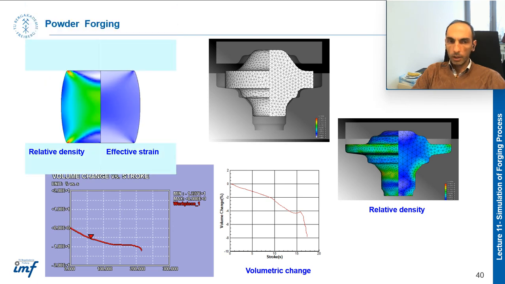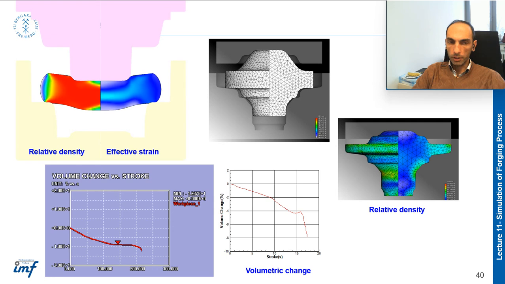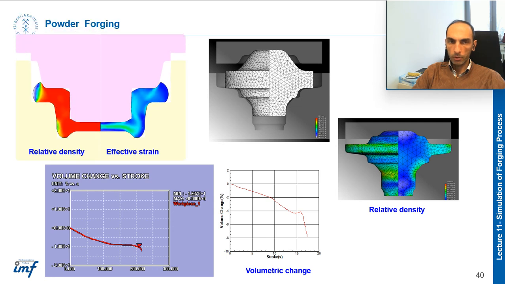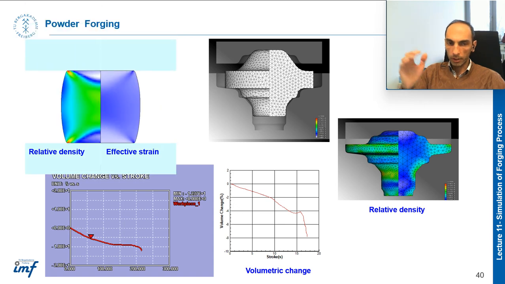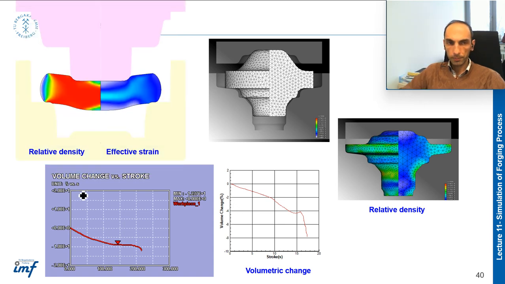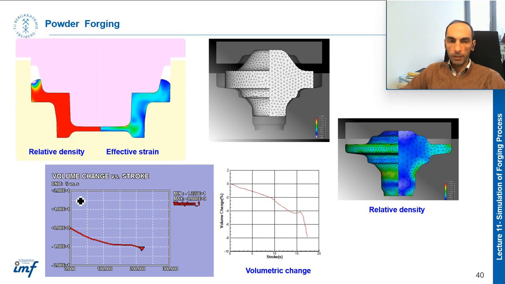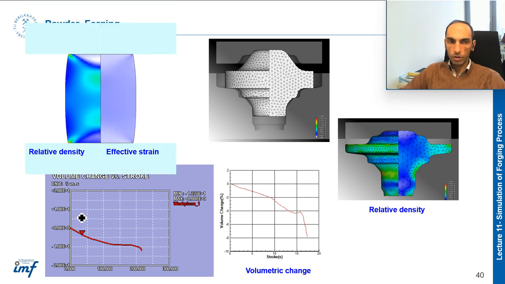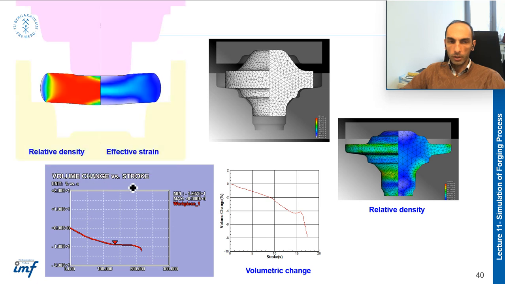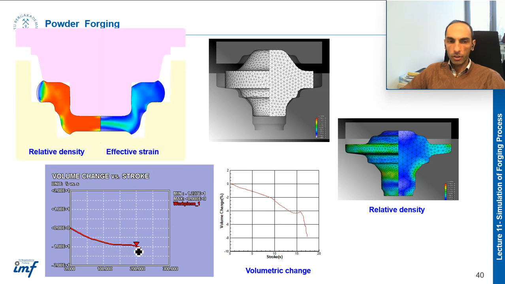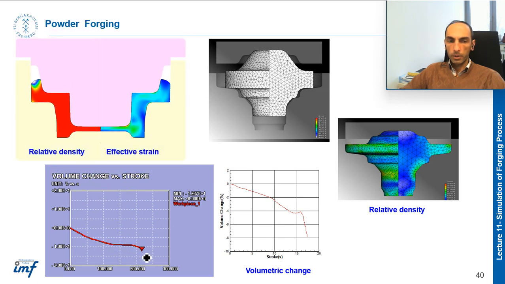But in the case of powder forging or powder metallurgy, the volume is not constant; the volume decreases when you apply the pressure, as you can see here. So you can predict such behavior in powder forging, and you can see the volume is changing when you apply the force.